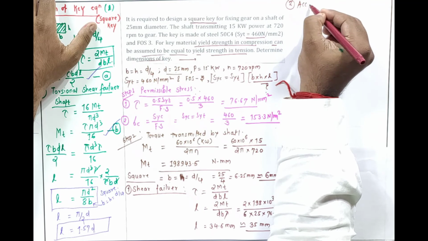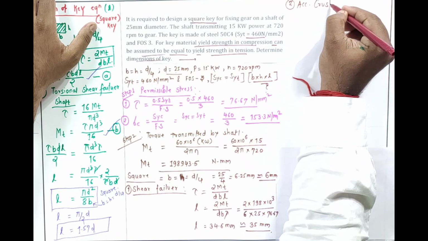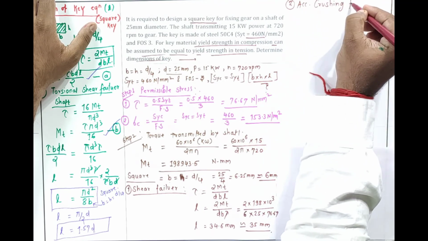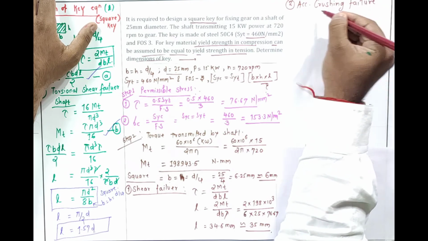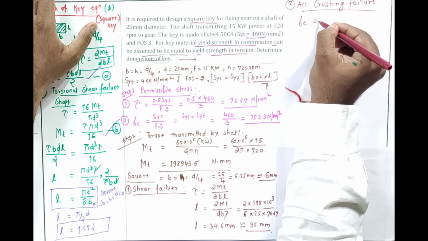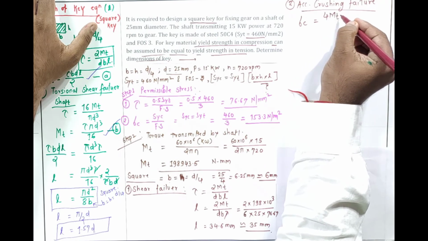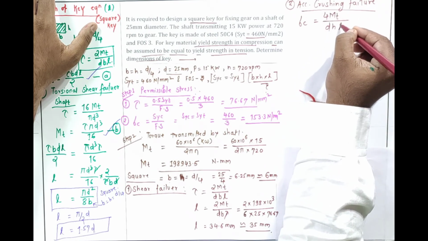According to crushing failure, we know sigma C is equal to 4 mt by dHl.